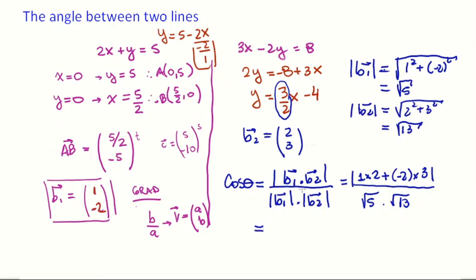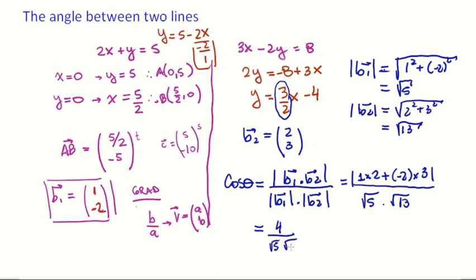So our cosine of theta, which is the cosine of the angle between those two vectors, hence between those two lines, would be 4, because 1 times 2 is 2, negative 2 times 3 is negative 6, negative 6 plus 2 is negative 4, but the absolute value of negative 4 is 4, over root 5 root 13.